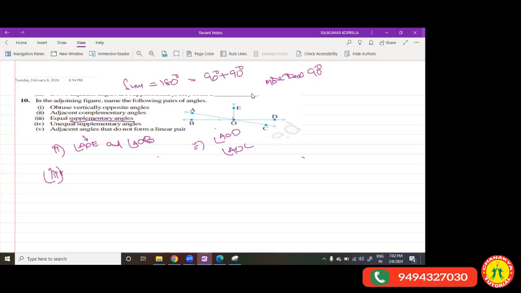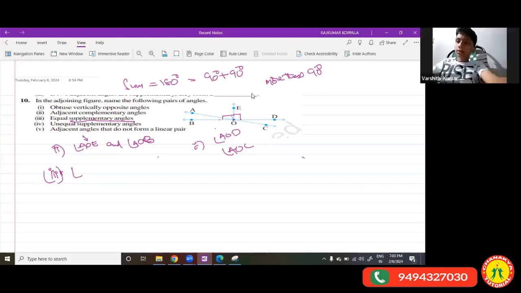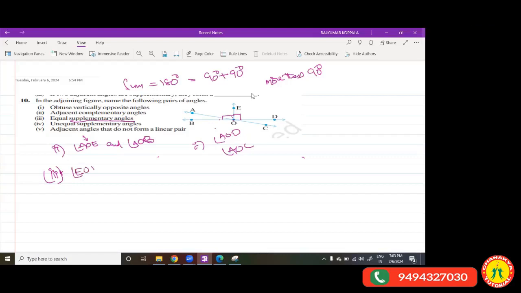Right? Which angles? This angle and this angle. Varshit, tell me this angle. Angle EOB. And angle EOD. Very good.